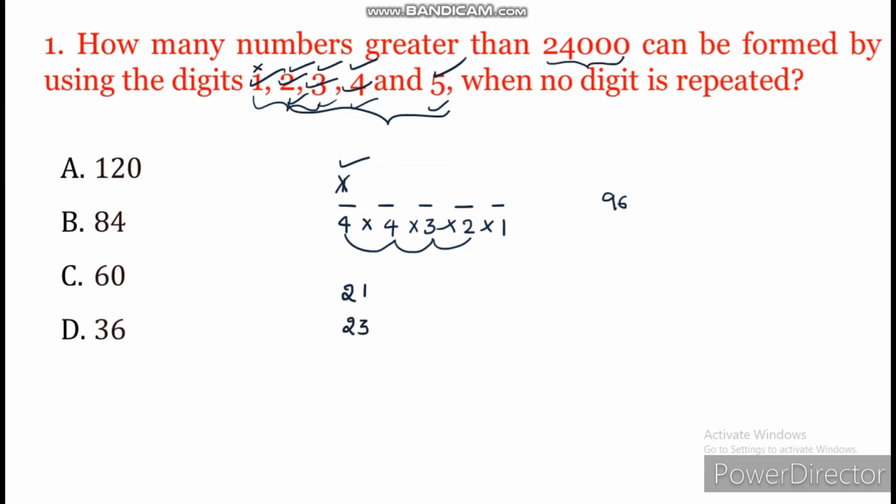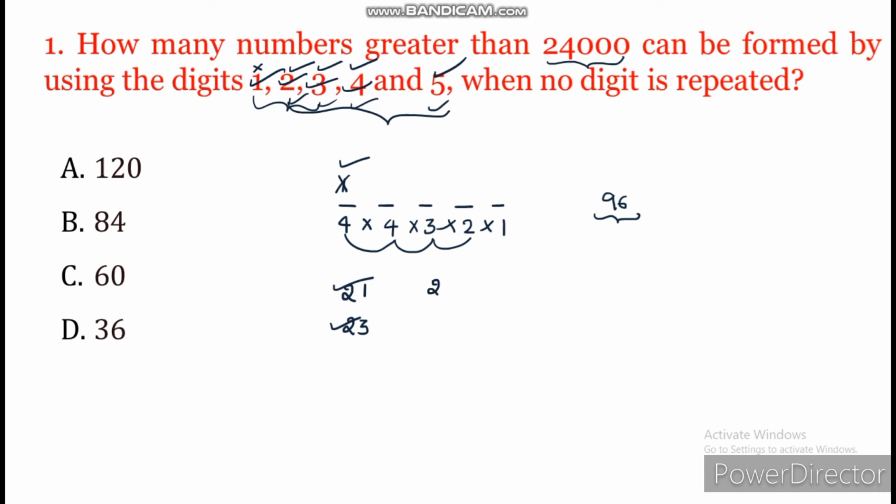Or even if it starts with 3, it becomes 23,000, which is also less than 24,000. So in these 96 numbers, we have also included 21,000-something and 23,000-something. I should remove those numbers.